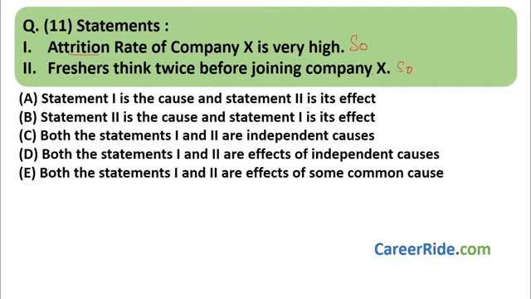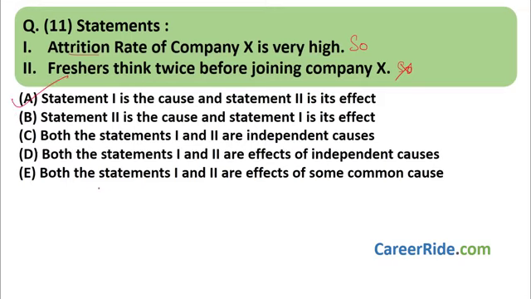People leaving the company at a very high rate means the attrition rate is high. So only the first makes sense, that attrition rate is high, so the freshers think twice before joining the company, because freshers think why the people are leaving so early. So only the first statement is right, so answer is A.